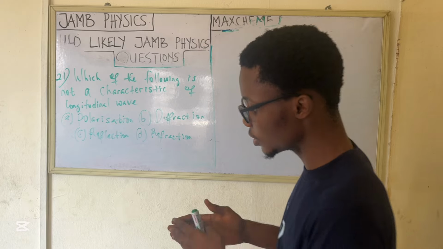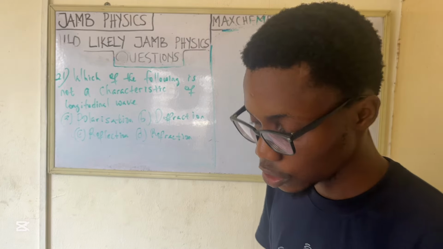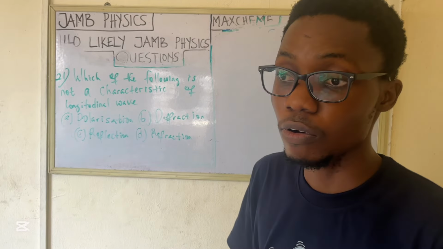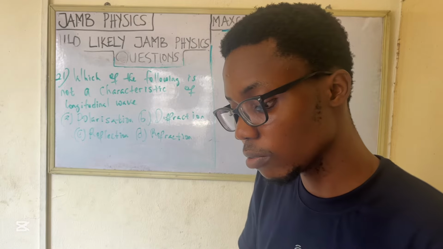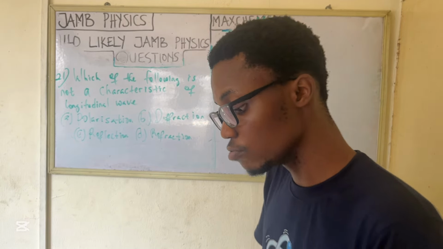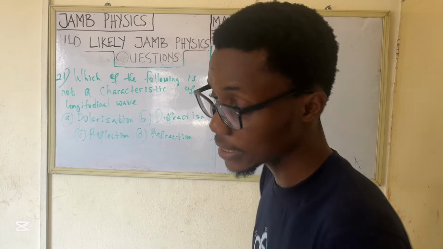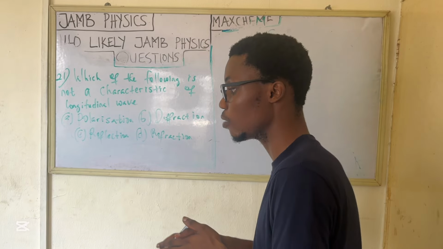In between your incident ray and your reflected ray, you have what is called your normal.